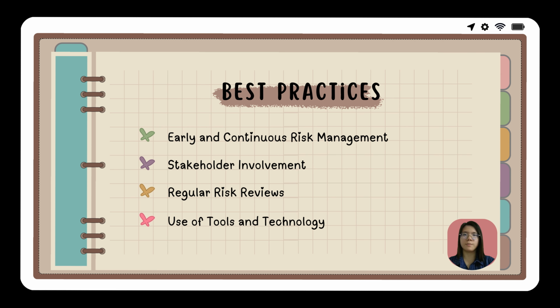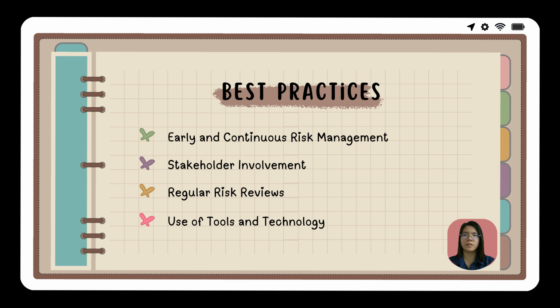Best practices in risk management include early and continuous risk management throughout the project lifecycle. Stakeholder involvement is crucial for identifying and addressing risk effectively, ensuring alignment with project objective and stakeholder expectation. Regular risk reviews allow for ongoing assessment and adjustment of risk management strategies based on evolving project dynamics.